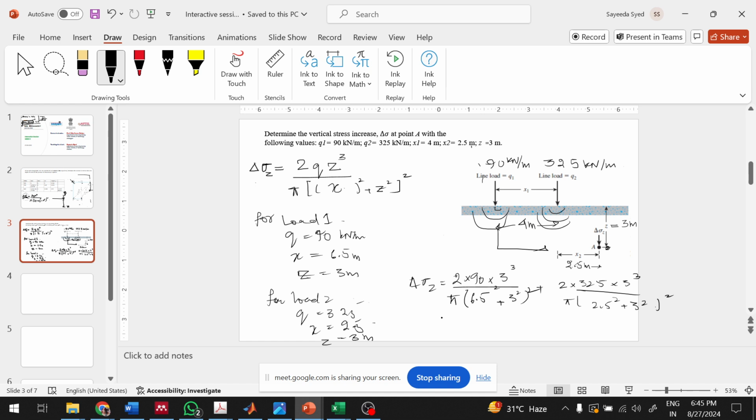So let's calculate this. Delta sigma Z comes out to be 24.6 kilonewton per meter square. Okay.